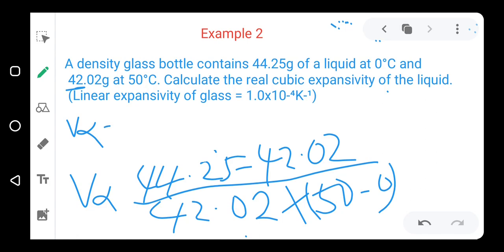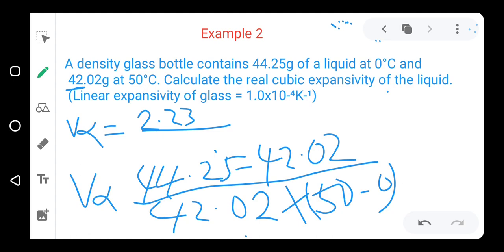Now the apparent cubic expansivity is equal to 44.25 minus 42.02, which is 2.23, over 42.02 times 50 minus 0.